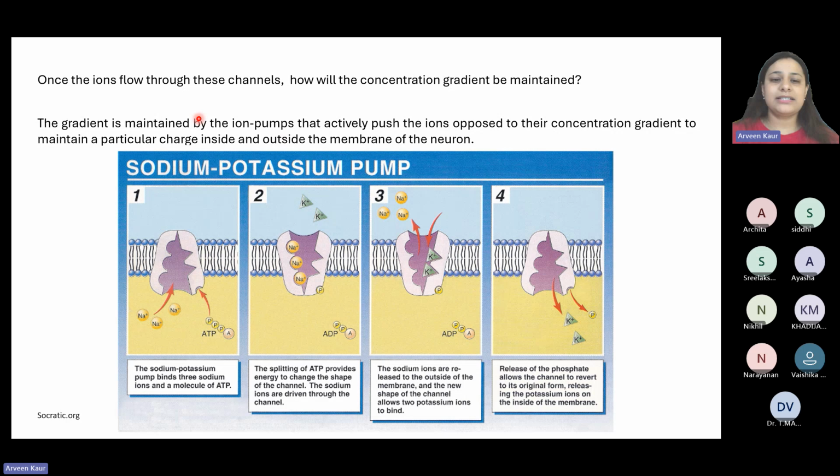This pump will move the ions against their concentration gradient, so even though sodium is present more abundantly outside, it will throw more sodium outside. Even though there is more potassium inside the membrane, it will throw more potassium inside, such that this difference is maintained, right? And since it is doing it against their actual concentration gradient, it will require ATP or energy. So it will consume ATP to actually perform this function.